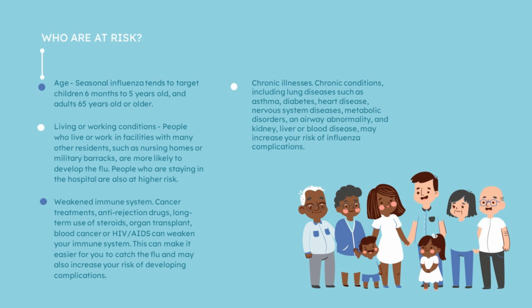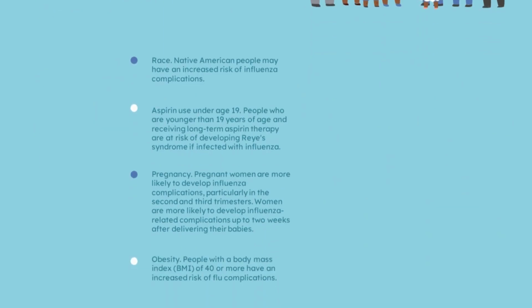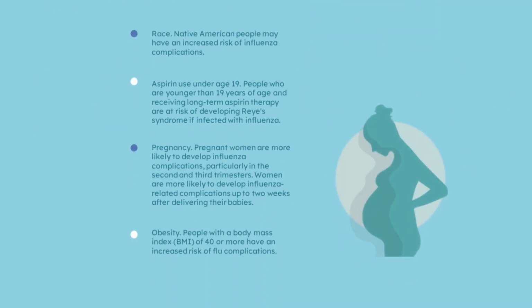Chronic illnesses. Chronic conditions including lung diseases such as asthma, diabetes, heart disease, nervous system diseases, metabolic disorders, an airway abnormality, and kidney, liver, or blood disease may increase your risk of influenza complications. Race. Native American people may have an increased risk of influenza complications. Aspirin use under age 19.